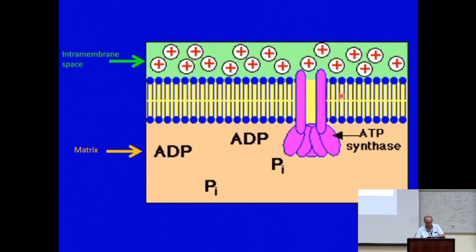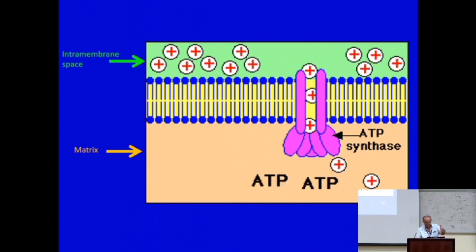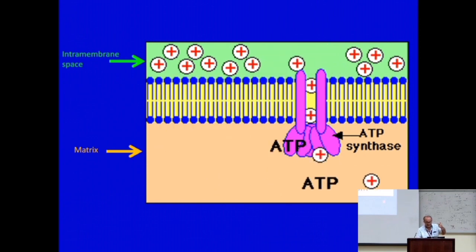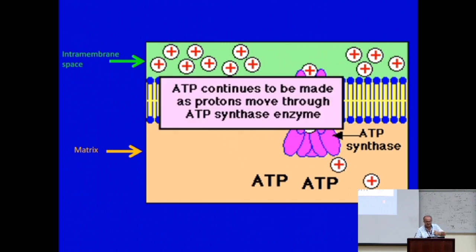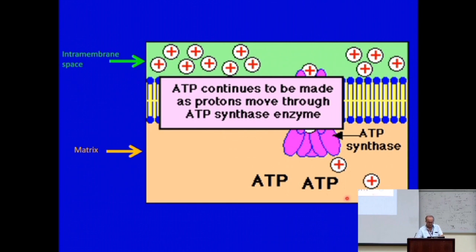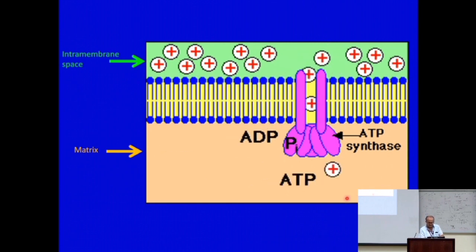So the dual function of complex 5 is that it's a proton gate, and it is an enzyme, ATP synthase, that can synthesize ATP from inorganic phosphate and ADP.